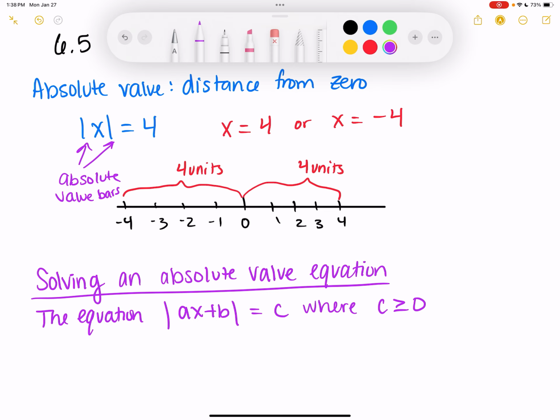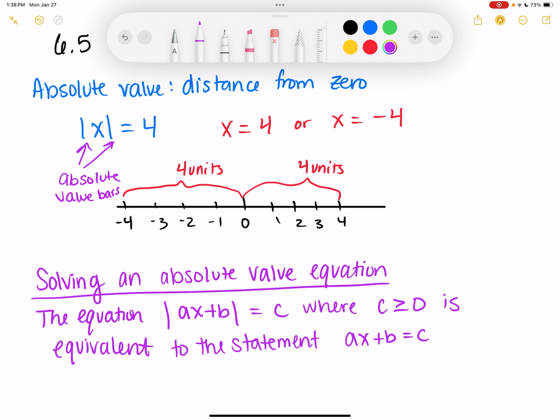So c has to be greater than or equal to 0, is equivalent to the statement: ax plus b equals c, or ax plus b equals negative c. That means what's inside can either be equal to positive c or negative c.